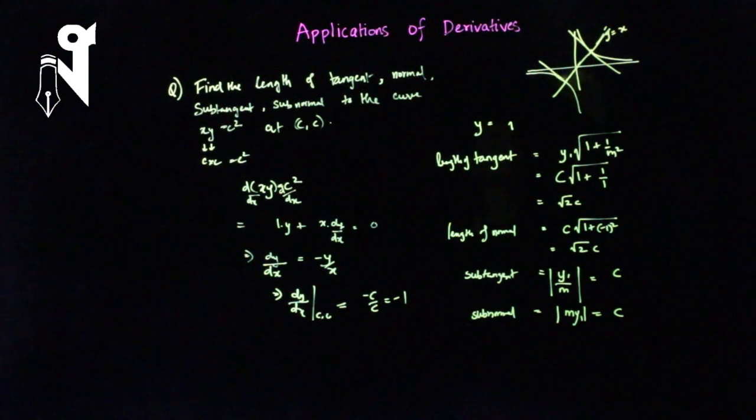At both points, if I draw the tangent and the normal, this length and this length are equal, and you can see that this length is just c, and similarly this one you'll also get a c. This is like a symmetric point on the curve, and also the slope comes out to be 1 for the normal and -1 for the tangent.